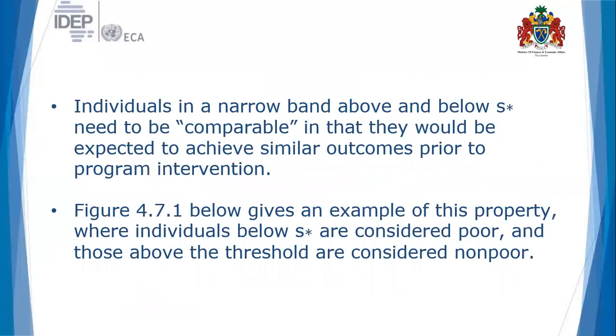And individuals in a narrow band above and below, that's very important, narrow band above and below the cutoff point S star need to be comparable in that they would expect to achieve similar outcomes prior to the program intervention.